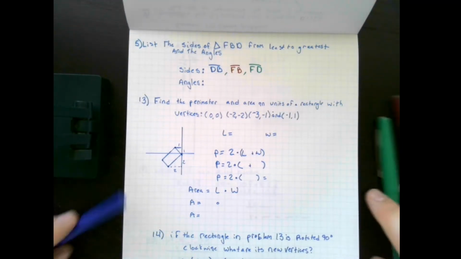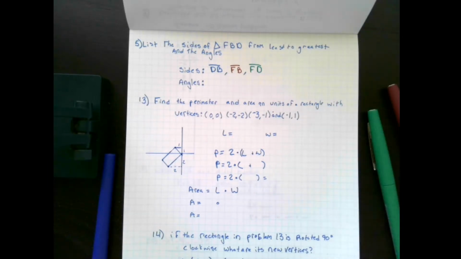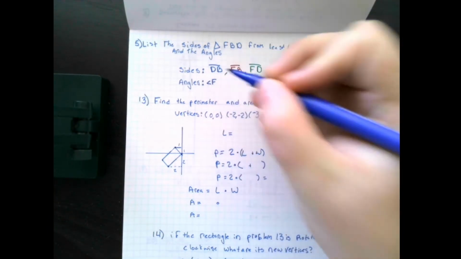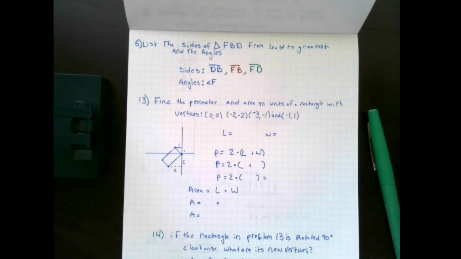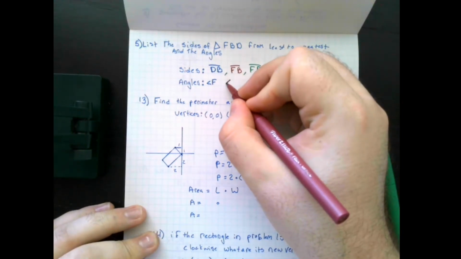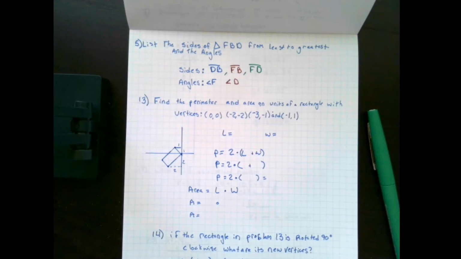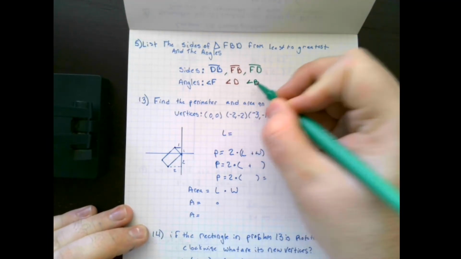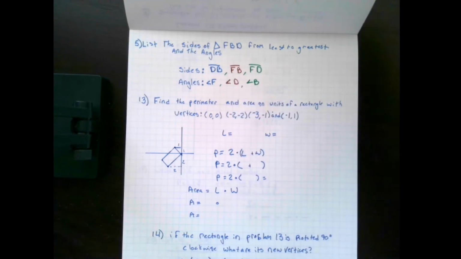Now, remember, we can look back at the angles which create them, or we can use that trick where the letter that's not in the name of the side is the angle which formed the side. So here we're missing angle F. Here we're missing angle D. And here, angle B. Meaning that angle B is the largest, angle F is the smallest.